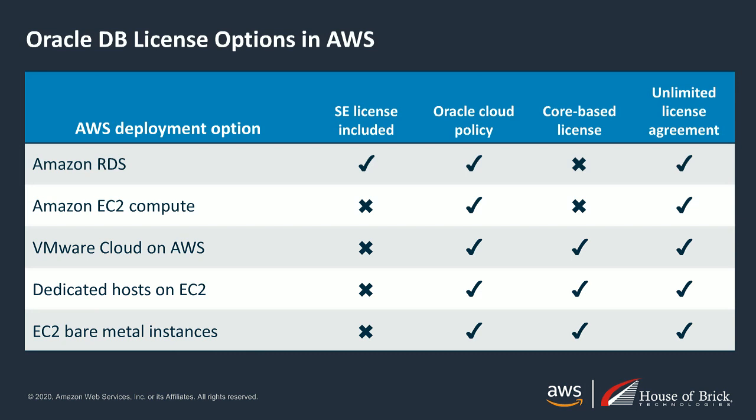If you want to use RDS or EC2, you have the option, obviously, of using the cloud policy and just counting the vCPUs. And then there's a really intriguing option available only in RDS, which is, as Kwesi already spoke to, the ability to rent a license from Amazon, the Standard Edition license included bundle, where you simply pay as you use.